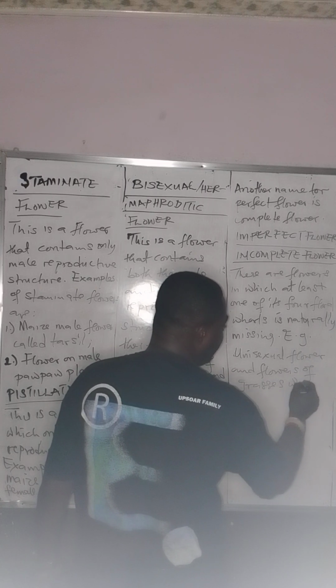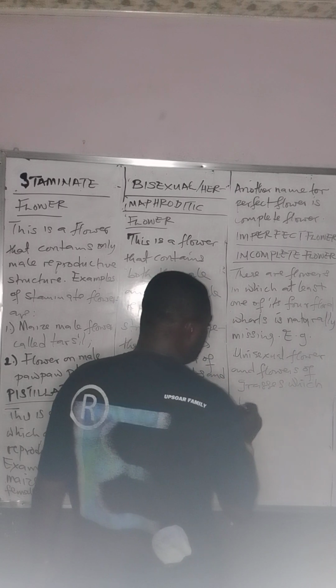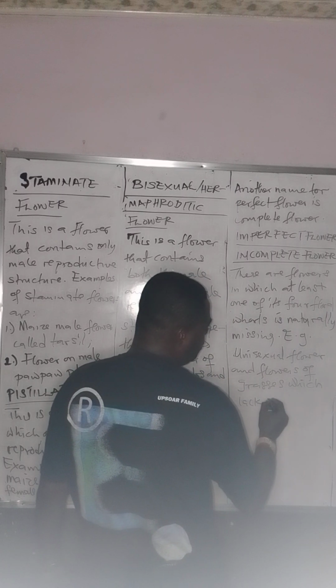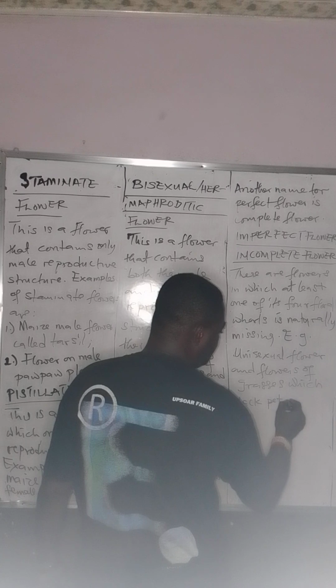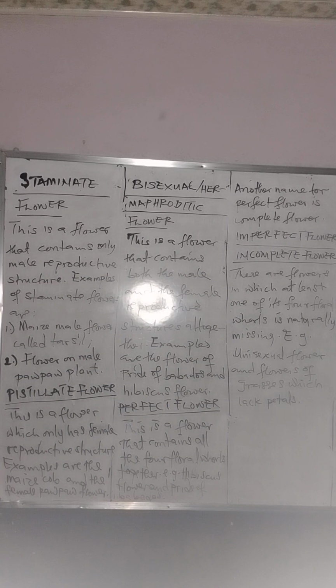Flowers of grasses lack petals, and that is why grasses are not pollinated by insects. They are rather pollinated by wind or by water. So nothing is attractive in grasses to attract insects. They don't have scent.